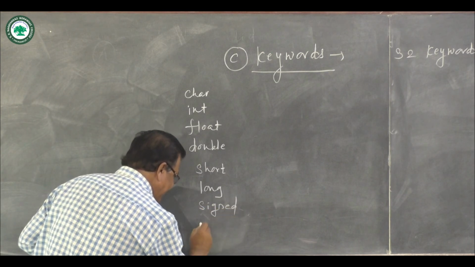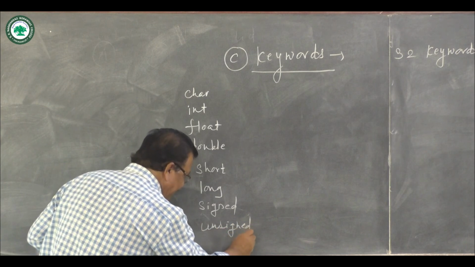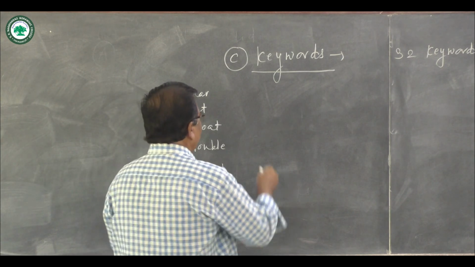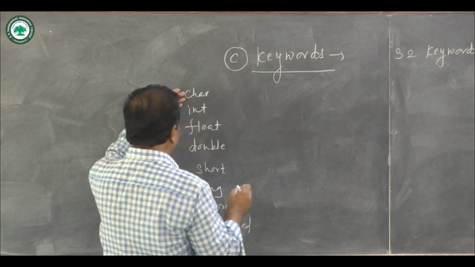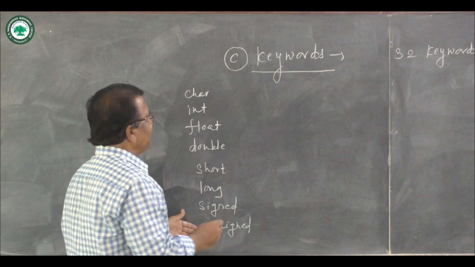These are specific words which have a standard predefined meaning. So there are 4 basic data types and 4 derived data types.